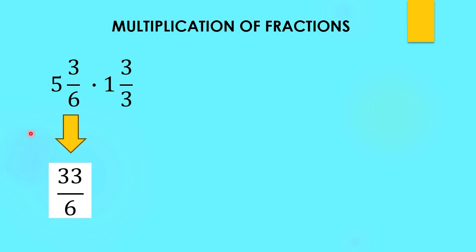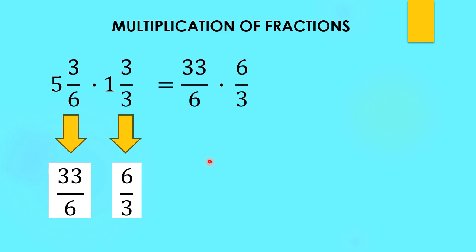And then for 1 and 3/3, to change this into an improper fraction, it will become 6 over 3. So 3 times 1 is 3 plus 3 is 6, and then copy the denominator 3. So we have 33 over 6 times 6/3.